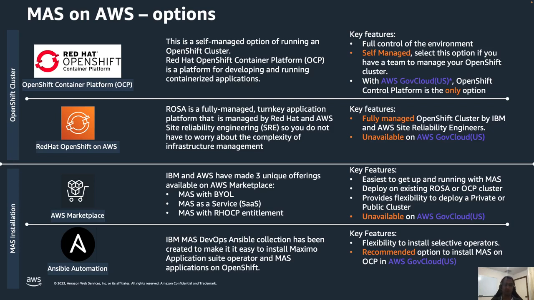However, that is not a recommended option as there are a fair few steps involved. It is advised that you either use the AWS Marketplace offering or use the Ansible automation to deploy MAS on an OpenShift cluster.